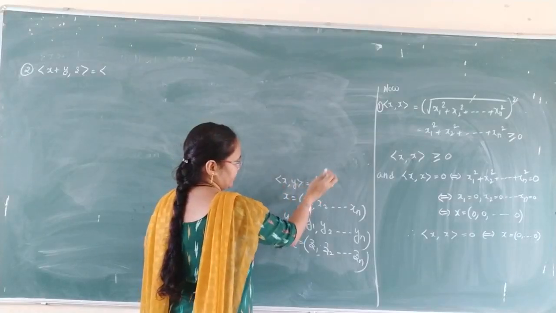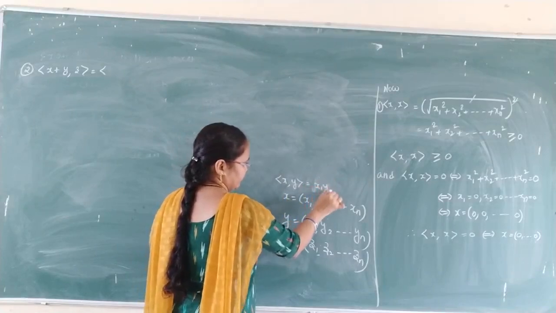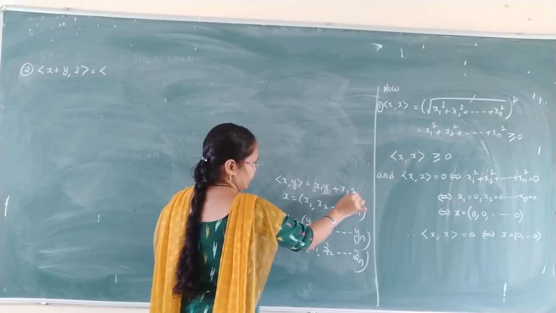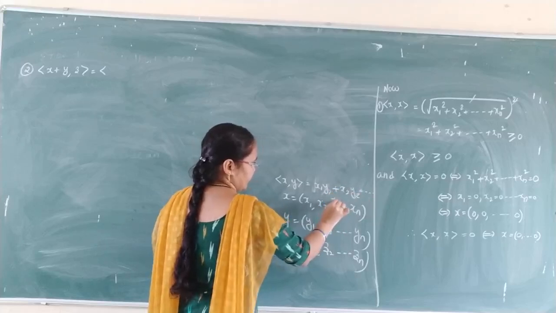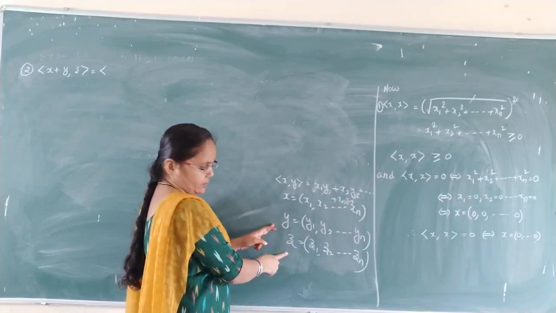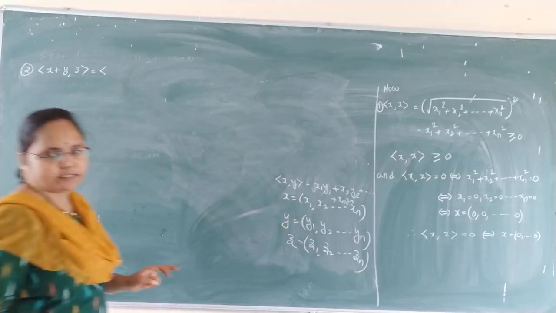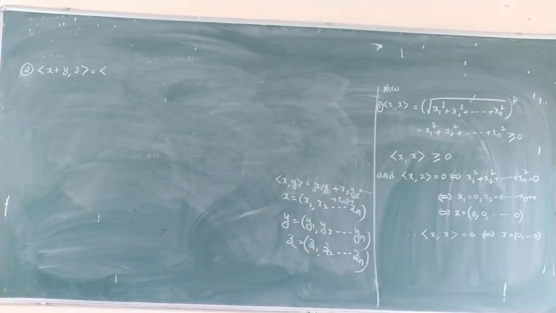It is x1 into y1 plus x2 into y2, like so on xn into yn. So here x plus y comma z means x1 plus y1 into z1. Like this the inner product is defined.